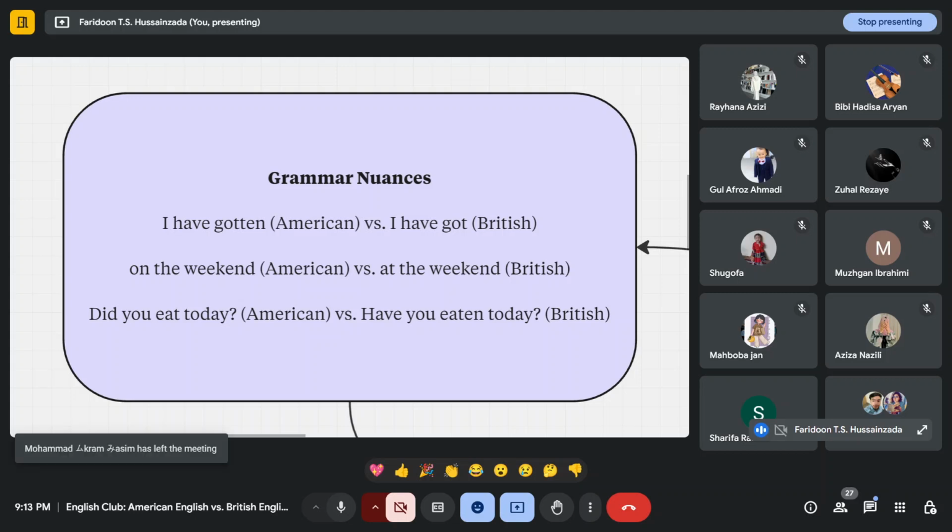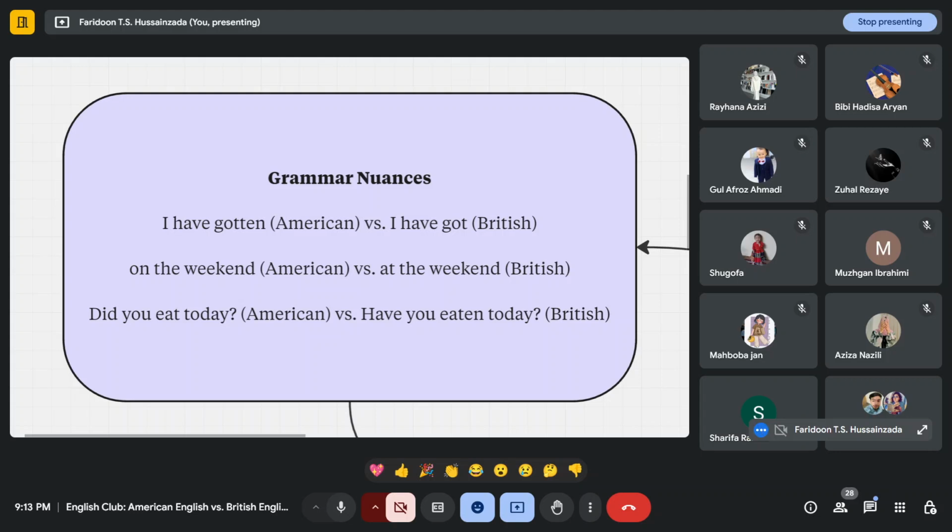So they will just say, "Did you eat today?" It's not wrong, so to speak, but from the perspective of a person who loves grammar and really understands grammar, they will tell you that it's better to use the present perfect because you're talking about a past action which is connected to the present. So "Have you eaten today?" is much better than "Did you eat today?"